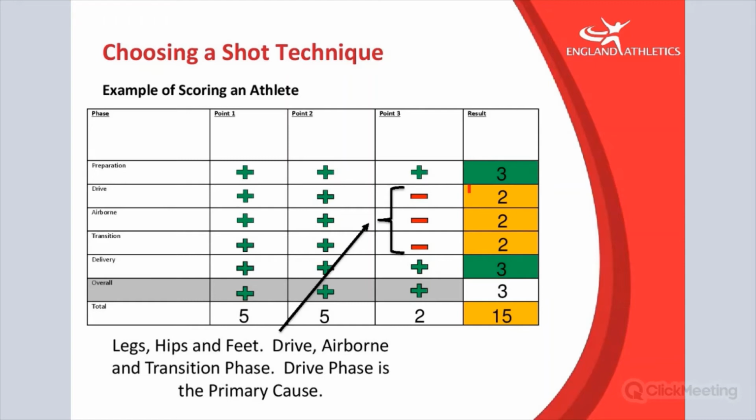But 90% of the time, this is a good model for you to use in order to triage your athlete, understand where the development phases, the technical phases are going wrong, and also get a good picture on where you as a coach can have your biggest bang for your buck in terms of improving their performance areas.